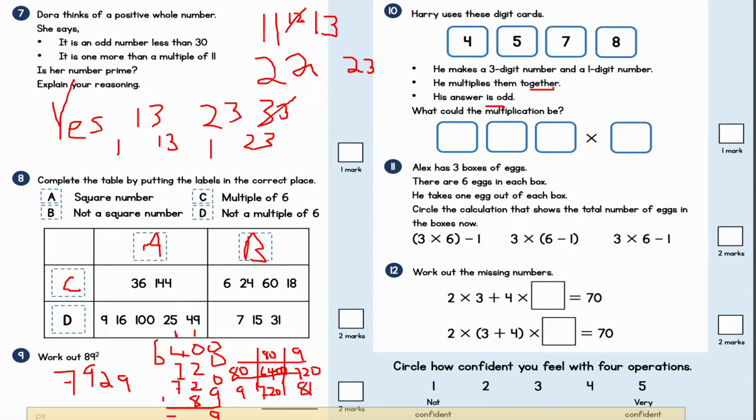So his answer needs to end in a 1, 3, 5, 7 or 9. Okay, so whatever I do, I can't times by an even number because it needs to be an odd number.